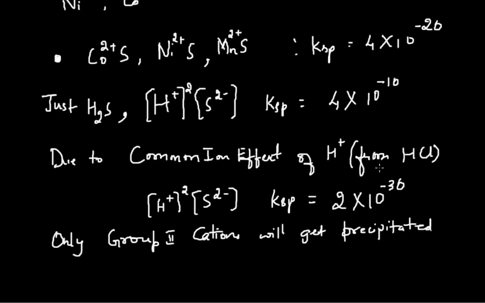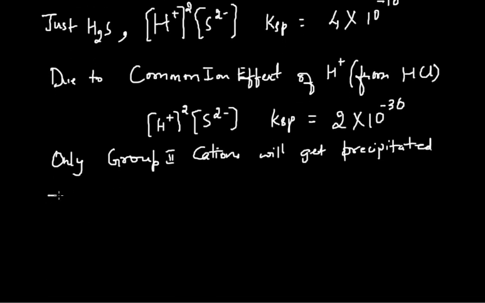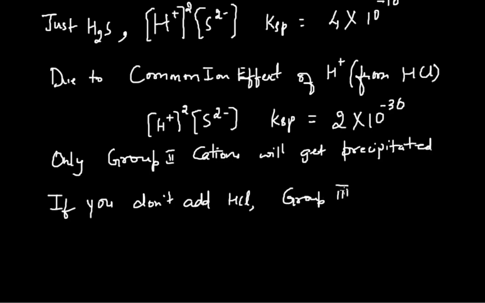If you do not add HCl, group 3 cations will interfere and get precipitated.